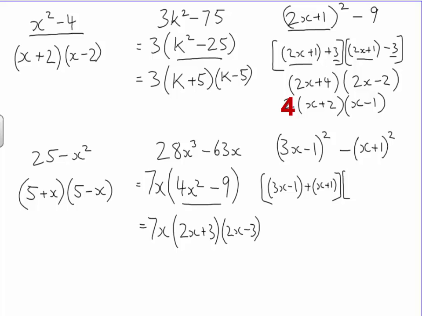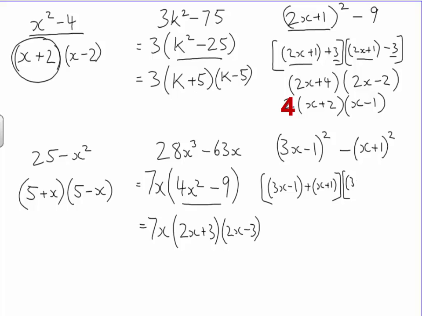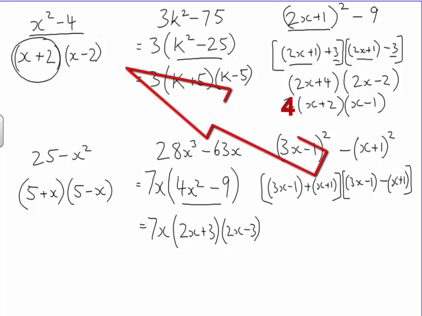It's the same as that part up here. And then for the second part, I'm going to have 3x take 1, close that bracket, subtract x plus 1, close those brackets. And that is exactly the same from going back here as that part of that question.